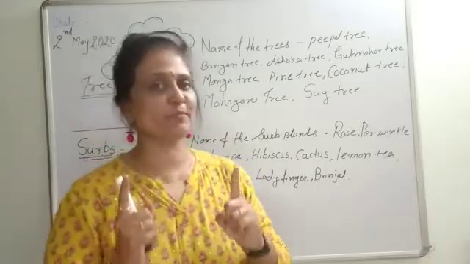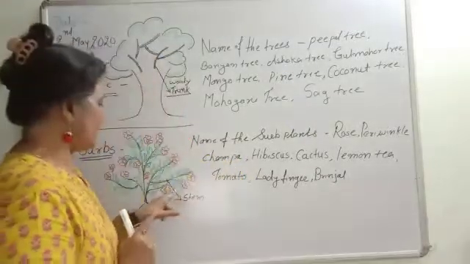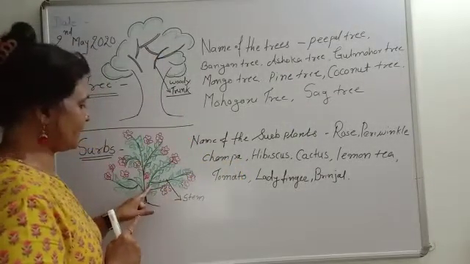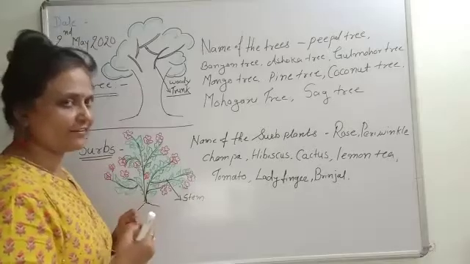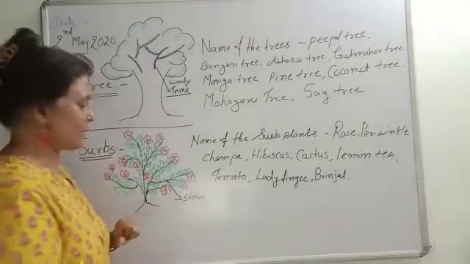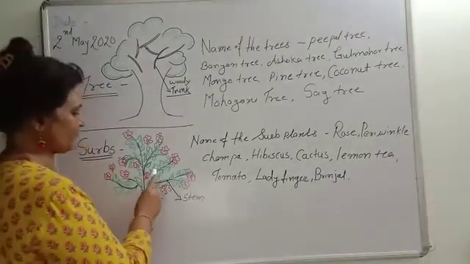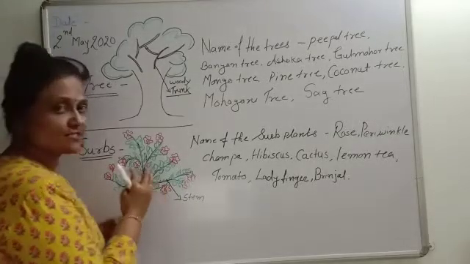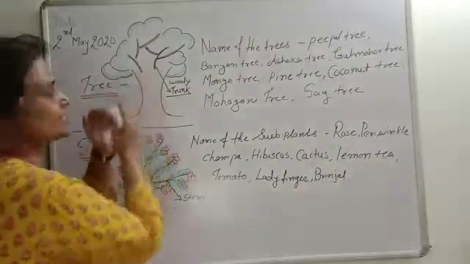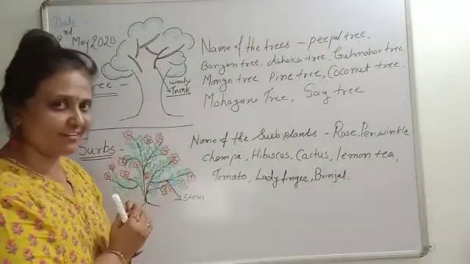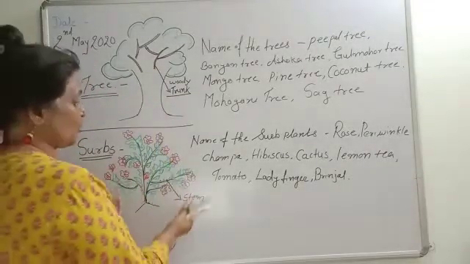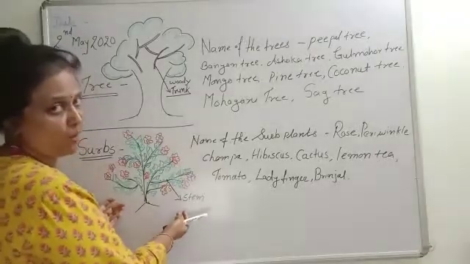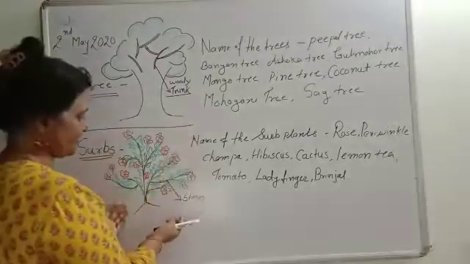So in shrub plants, stems are green in color, a few are woody in color. It's called a stem because this stem is not stronger than the tree's trunk. Also, this shrub is smaller than the trees.